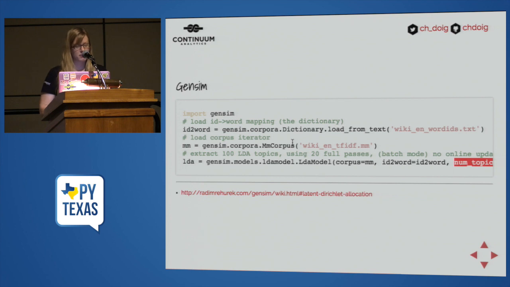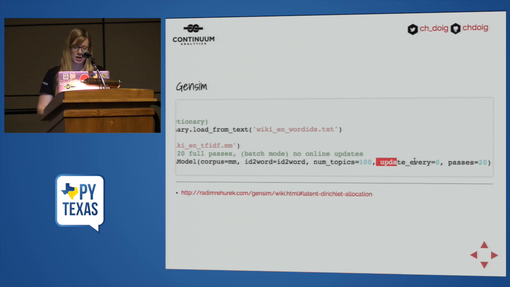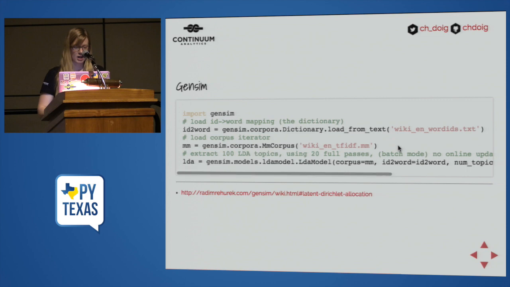The gensim LDA implementation has 2 modes. It has the online mode, so you can keep updating your models, and it has a batch mode. This one here is just using the batch mode with no online update, so that's why we update every 0. It just updates all at once. And this is how many passes, how many iterations we're gonna do. So that's how you do it in gensim.